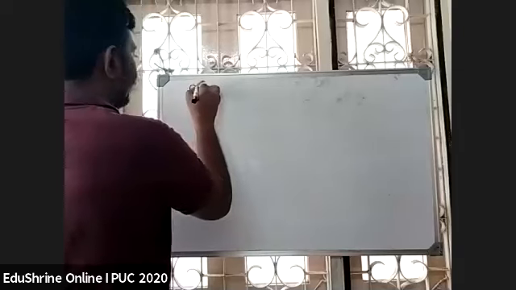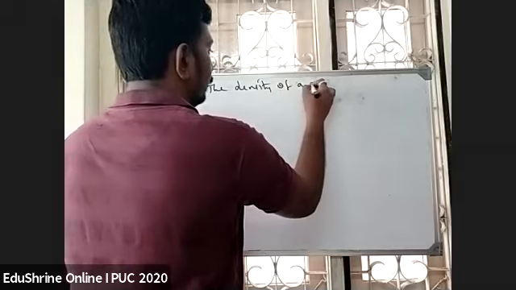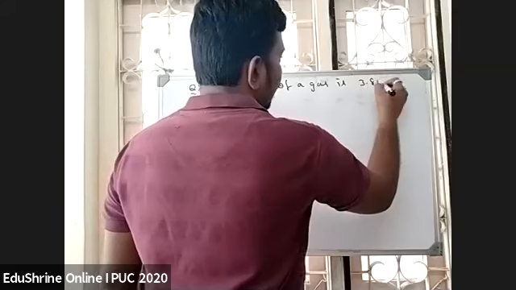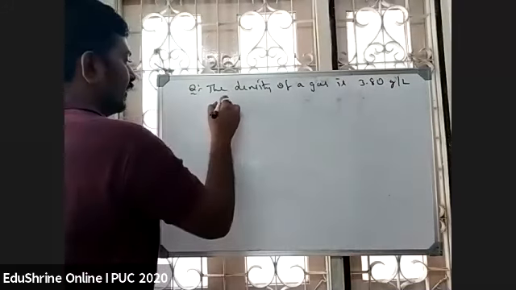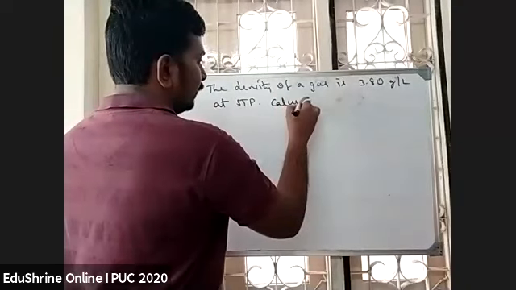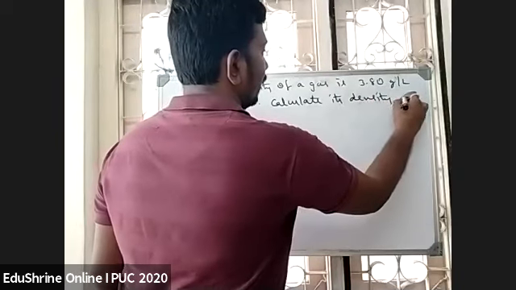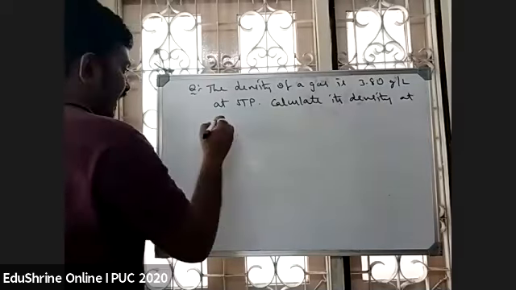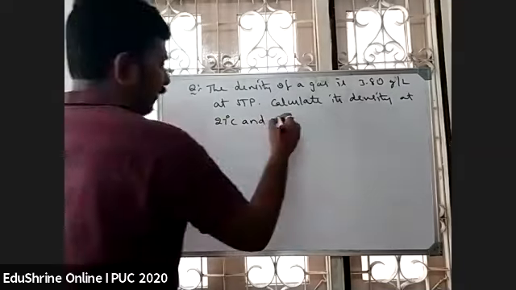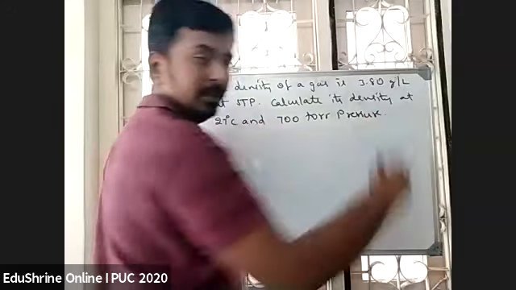The question is: the density of a gas is 3.80 gram per liter at STP. Calculate its density at 27 degrees centigrade and 700 torr pressure. Last problem.